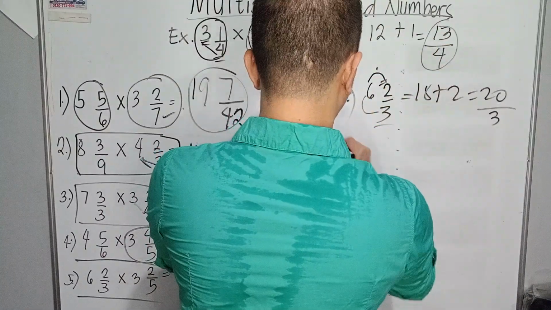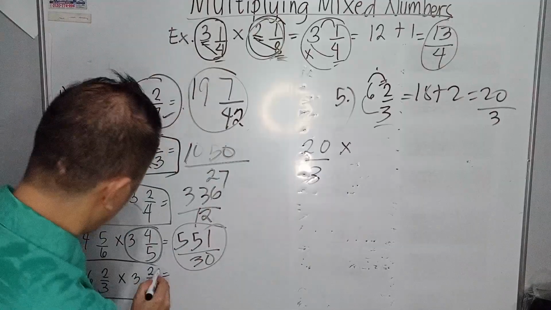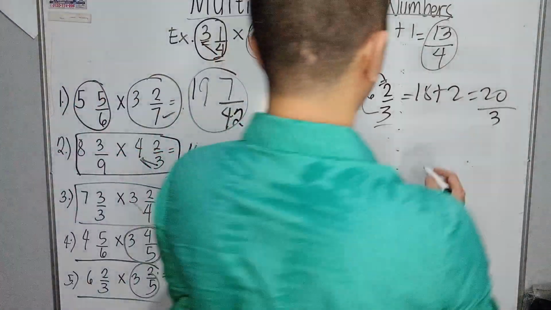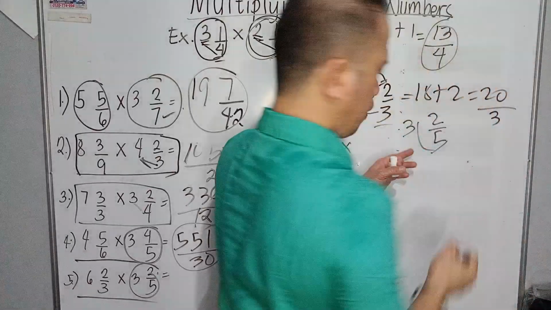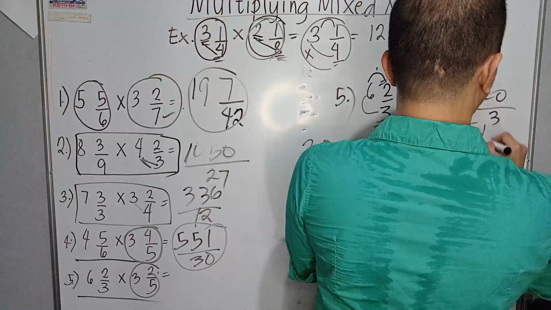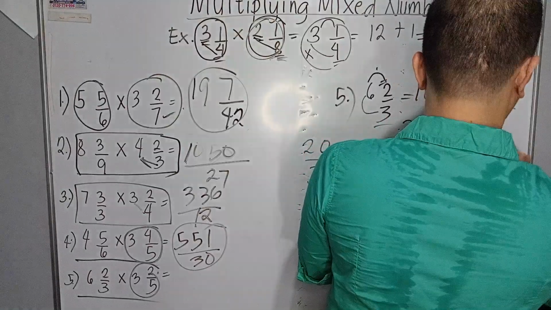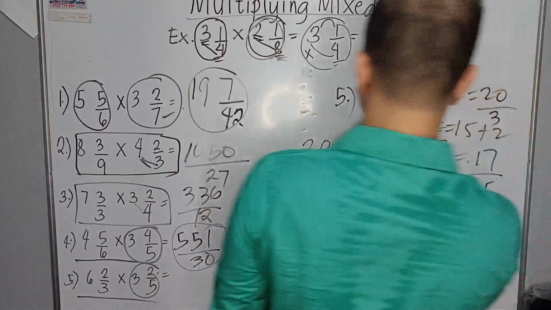So we have 20 over 3 times 3 and 2/5. So we have 3 and 2/5. 5 times 3, 15. Plus 2, 17 over 5.